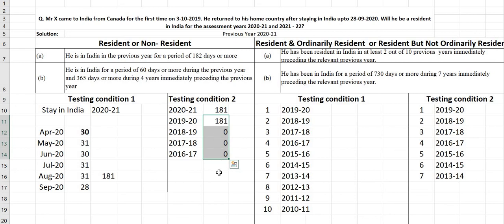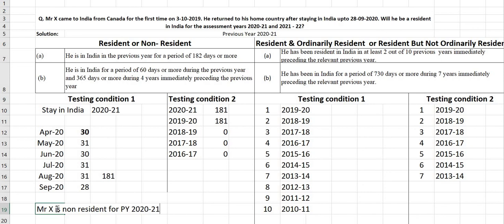And he was in India for 181 days only. So he is not satisfying any of the basic conditions, which means Mr. X is non-resident for previous year 2020-21. That means he was neither a resident in previous year 2019-20, nor a resident in previous year 2020-21. So in both years he was non-resident of India.